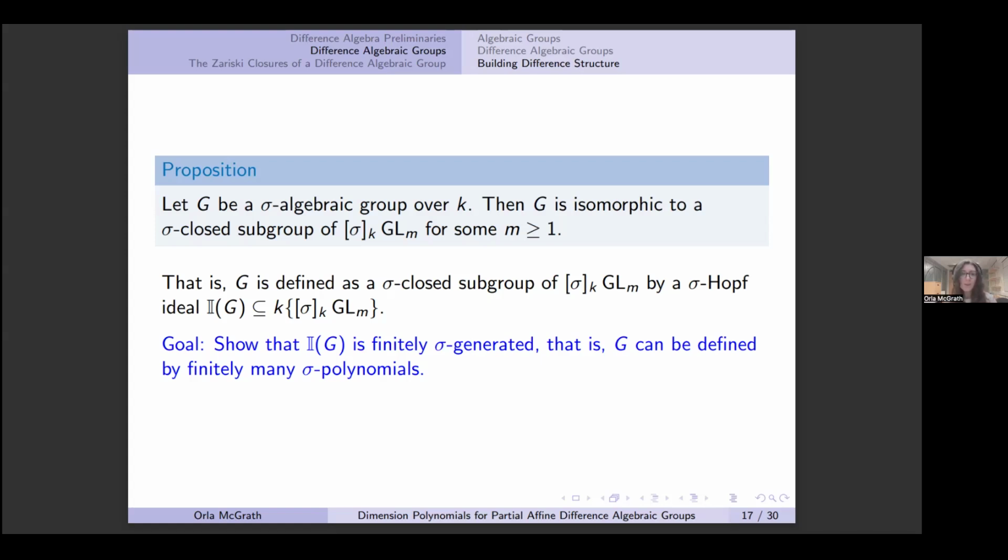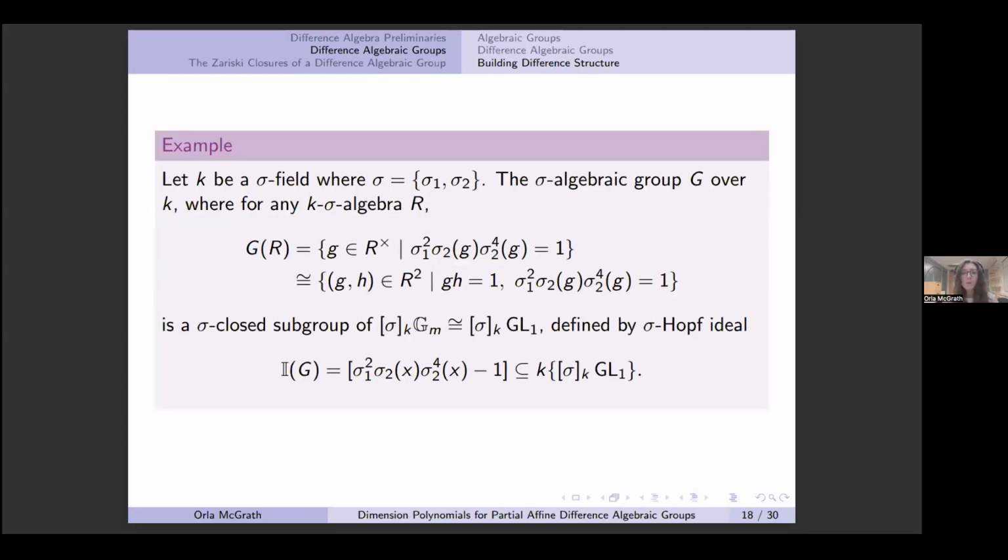We'll just see an example of this embedding. So we've been considering this multiplicative group defined by this monomial. So G of R here. When we're considering G as a subgroup of the general linear group, just GL1, we don't need to assert again that G is invertible.